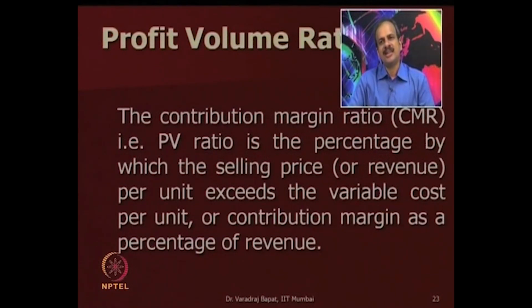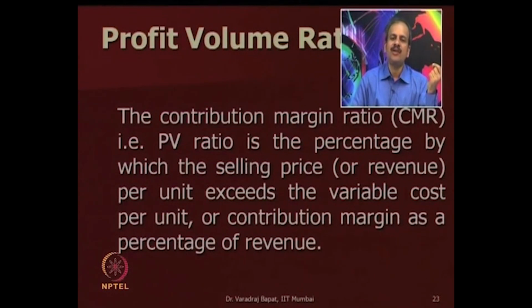Now let us try to understand one more concept, that is known as profit volume ratio, popularly known as PV ratio. The contribution margin ratio is also known as CMR. So CMR or PVR, whatever you call it, is the percentage by which selling price per unit exceeds the variable cost per unit.